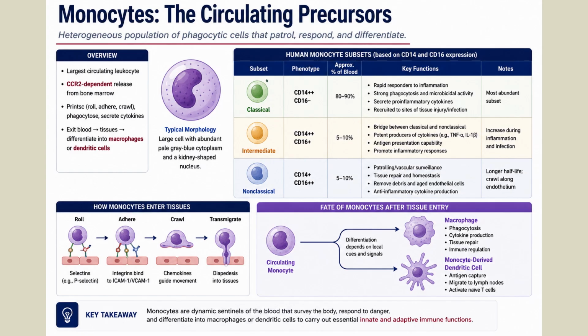So when we draw a monocyte in the bloodstream and a macrophage in the tissue, we're not necessarily looking at two completely unrelated cells. In many inflammatory settings, we're looking at different stages in the life of a recruited myeloid cell. And this raises an obvious question.